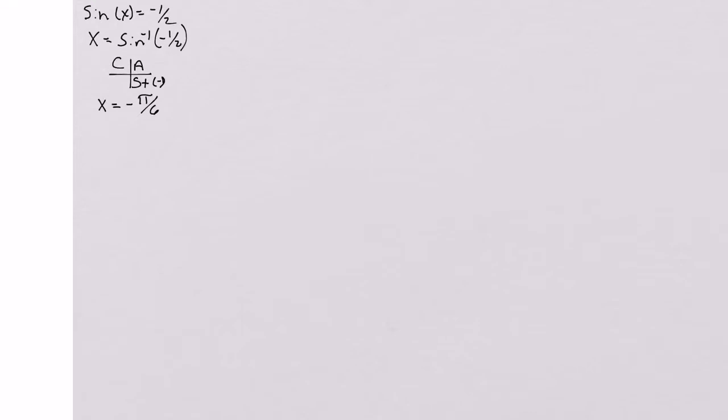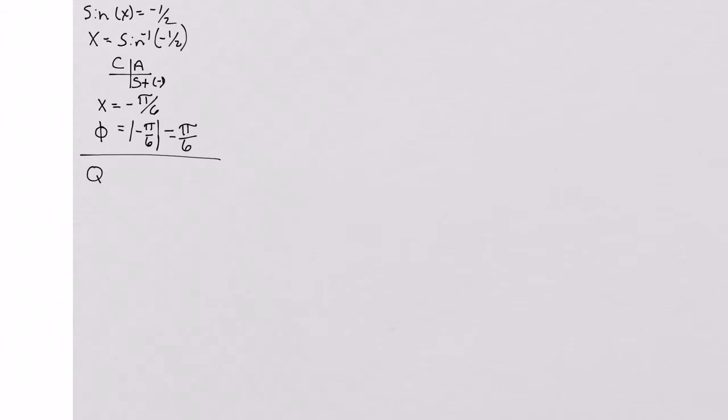And to find your reference angle from the last video, we said my reference angle, which I'm going to use phi, has to be the absolute value of -π/6, which is just going to be π/6. Well, on the last video, I showed you simply how to find the reference angle, not how you actually use your reference angle. So here's how you actually use your reference angle.